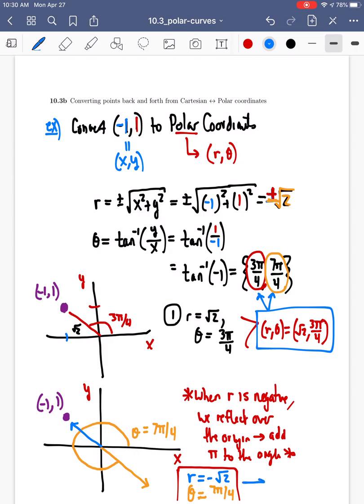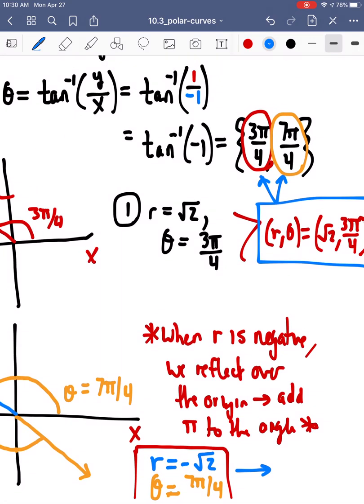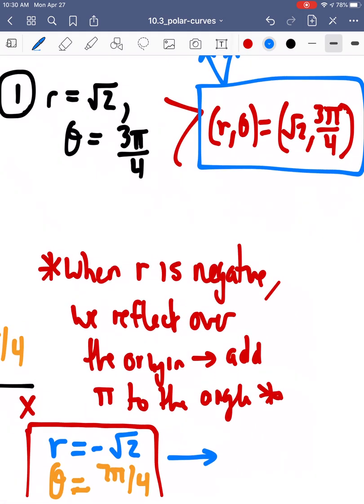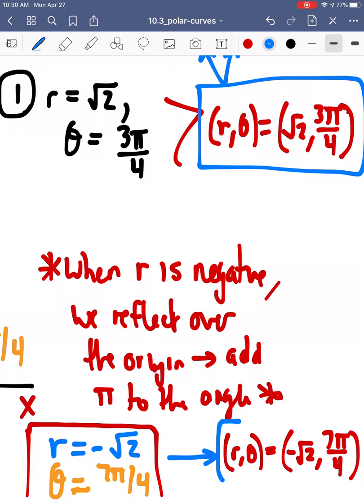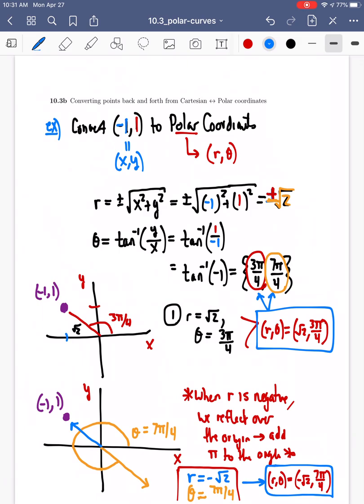And the other combination we ended up with was, well, if r is negative, we can choose negative square root of 2, and we can choose 7 pi over 4, since that negative value of r is going to reflect us over the origin into the correct quadrant. So again, even though 7 pi over 4 would land us normally in quadrant 4, because r is negative, it pops us over to quadrant 2, we effectively add pi radians to that angle.